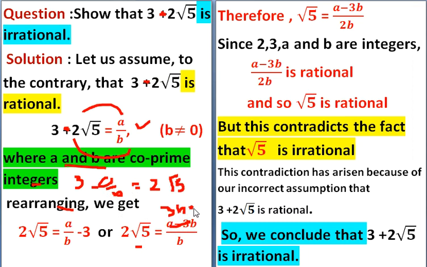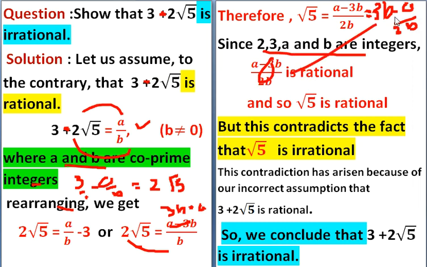3b minus a by b. If we solve this, then we get 3b minus a by b, and this 2 goes to the denominator, and we find root 5 equal to 3b minus a by 2b, and here it is similar: 3b minus a by 2b is rational, hence this is equal to root 5, hence root 5 is rational, and this contradicts the fact that root 5 is irrational.